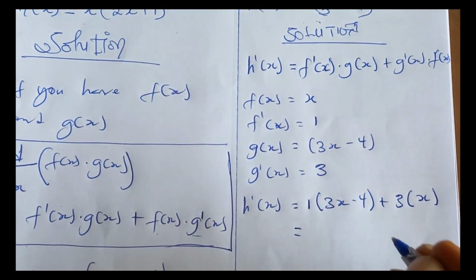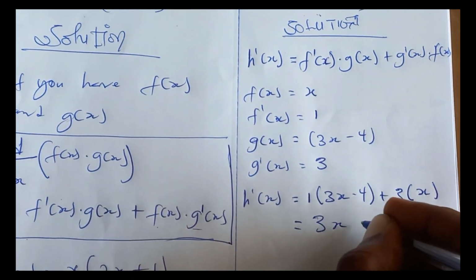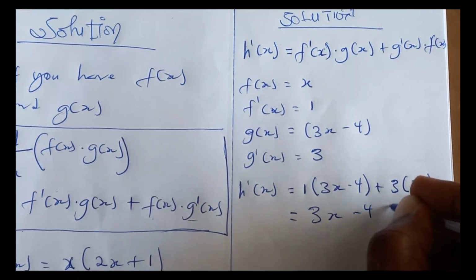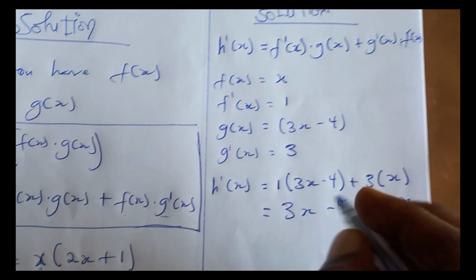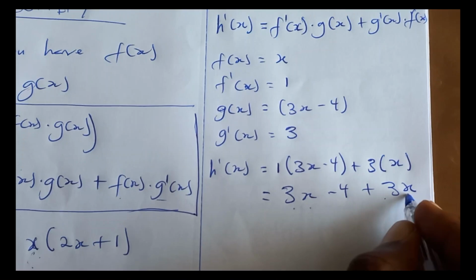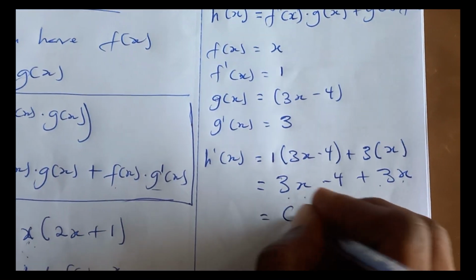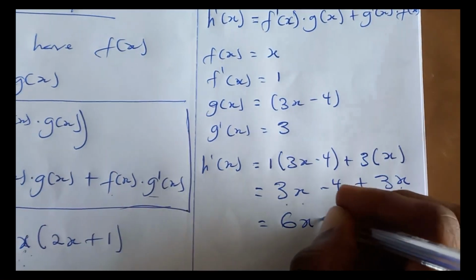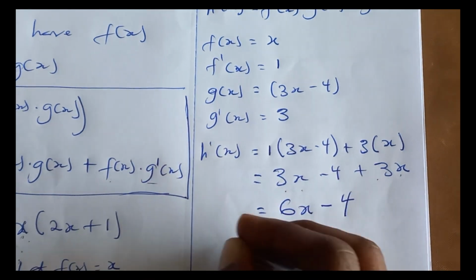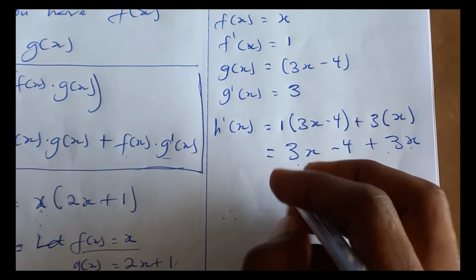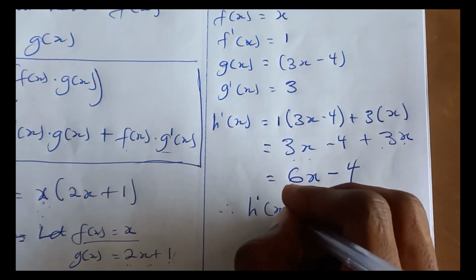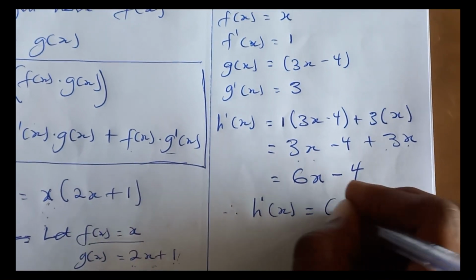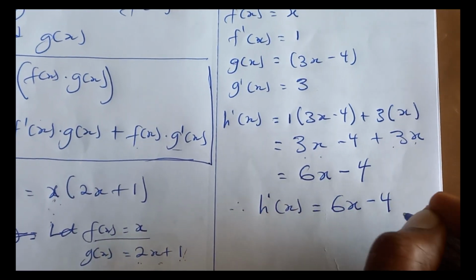So to simplify this, we get 3x minus 4 plus 3x. You can see that we get 3x plus 3x, we get 6x minus 4. So therefore the derivative of h of x is equal to 6x minus 4. Good.